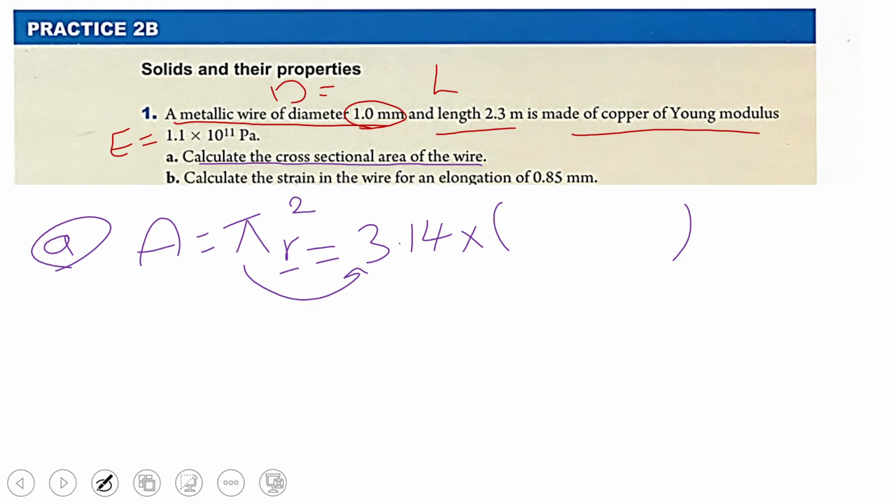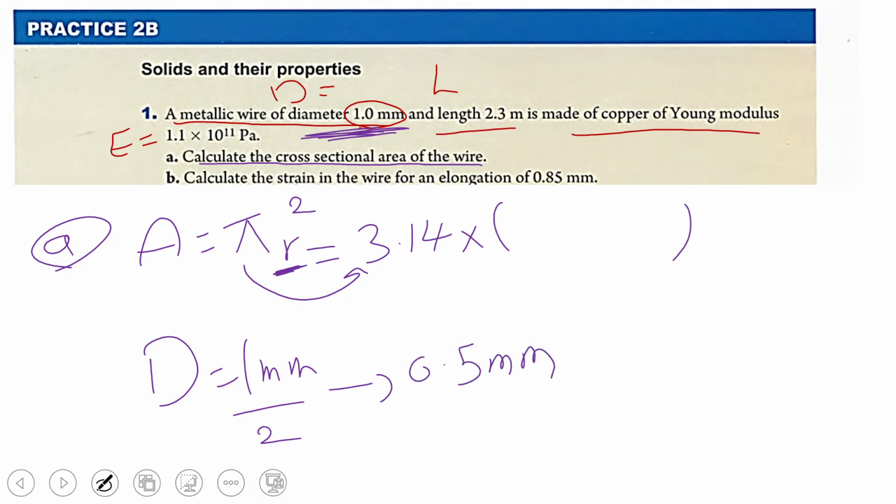First we have to make the diameter into radius, then put the value in here, because the rule is written with radius, but the question gives us diameter. So diameter is 1 millimeter. How to make it radius? Divide by 2. This becomes 0.5 millimeter.